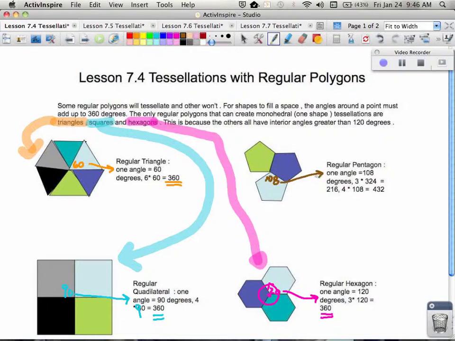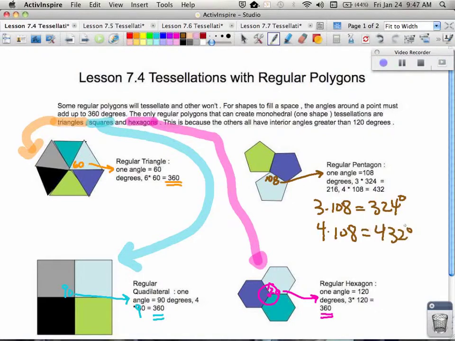So with one angle at 108, I can try 3 of those around a point, and 3 of those angles doesn't produce 360, and 4 of those angles would not produce 360, so I'm out of luck. 3 times 108 would be 324 degrees, so that doesn't work, and that's too small. 4 times 108 would be 432 degrees, and that's too big.